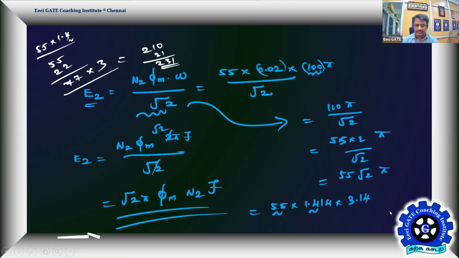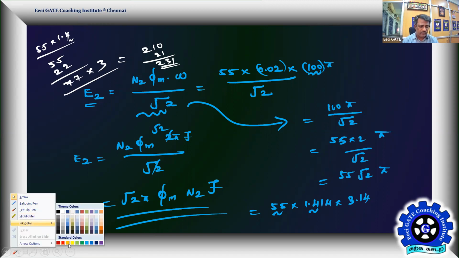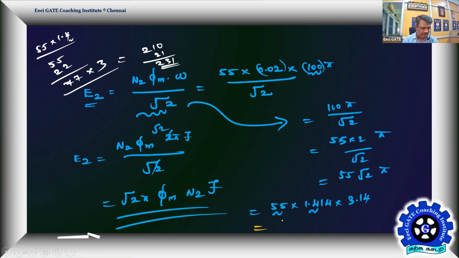I'm getting here 231, because of missing some digits, I'm about to mark a wrong number. So the right answer, if you calculate this exactly, 55 root 2 into pi will be 244.36 volts. That's your answer. Hope I'm right.